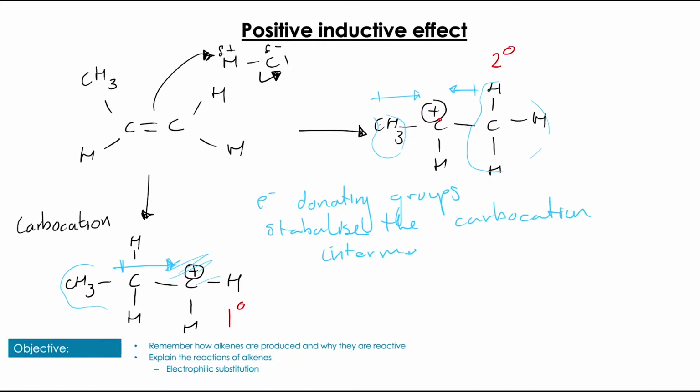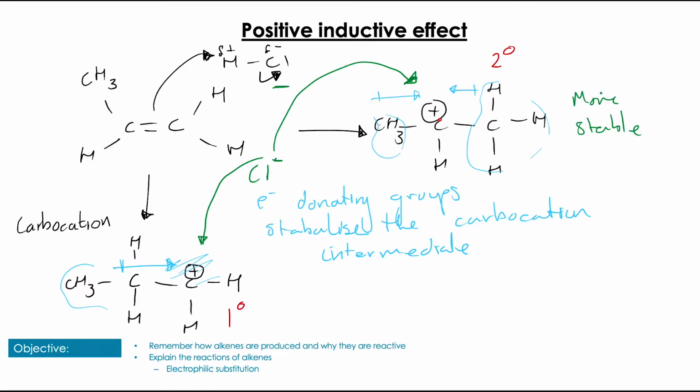The more stable it will be, the longer it can stay around, and the longer it can stay around, the more time this chlorine has to attack that carbocation and form the product. So because the primary is very unstable and the secondary is more stable, we do not tend to get the primary carbocation and therefore the product of the primary.